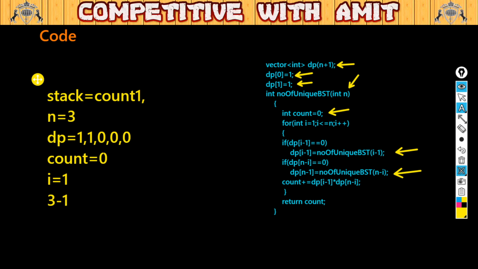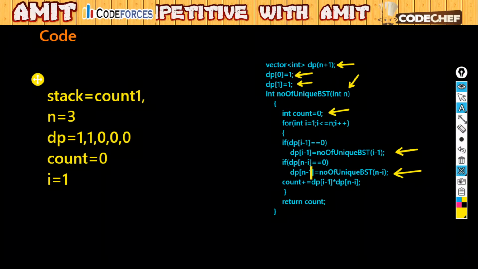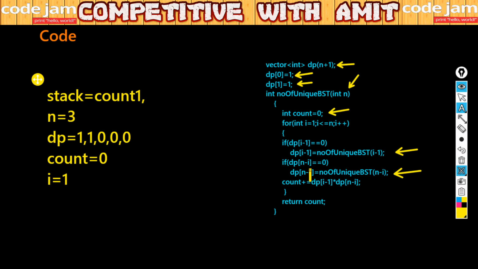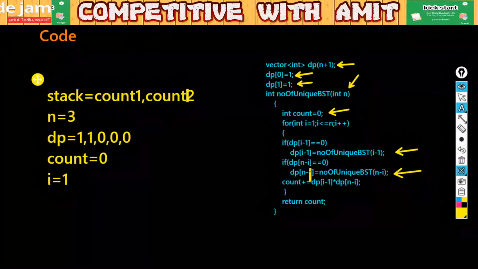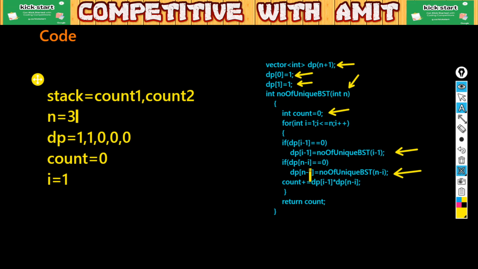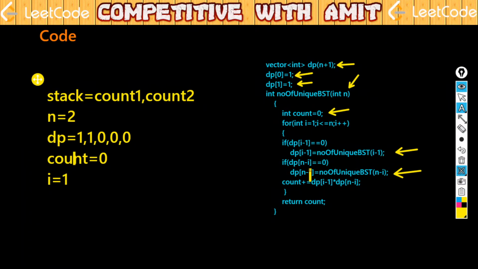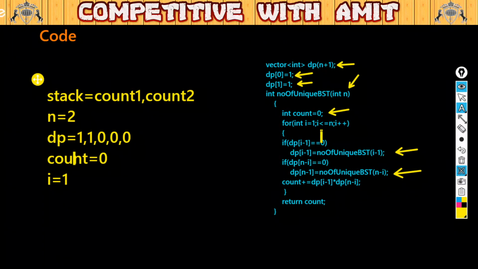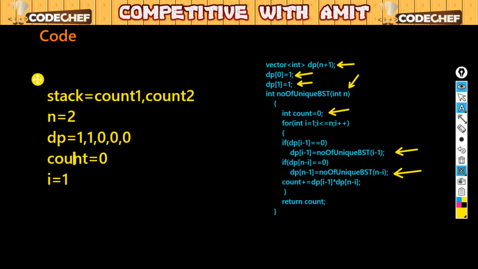So now again this next part, or this dp insertion part, will go in the stack. So I'll initialize it with count 2. Now after that n will be initialized with 2. Now this condition will be checked again, or first of all this count will be initialized with 0 and i will be initialized with 1. So this part is initialized.